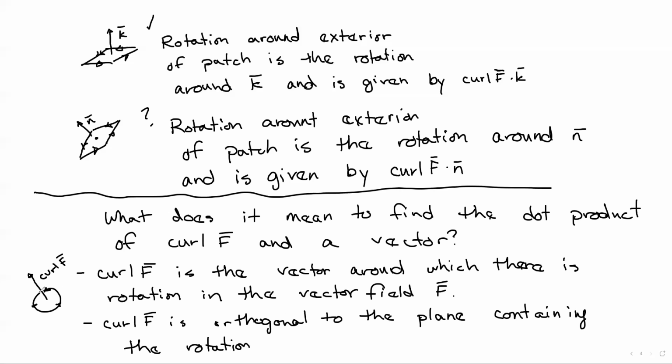So if we took this rotation here and we just put a plane around it, which looks suspiciously like a patch, we end up getting the curl of f is orthogonal to that plane of rotation.